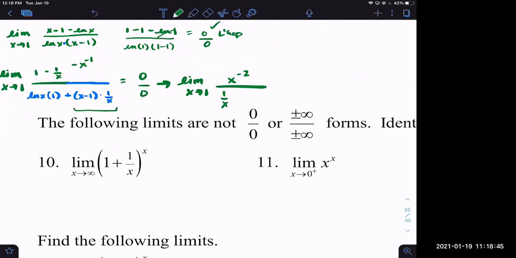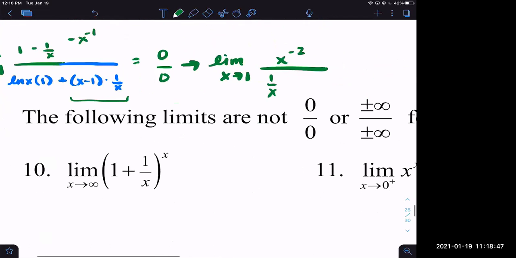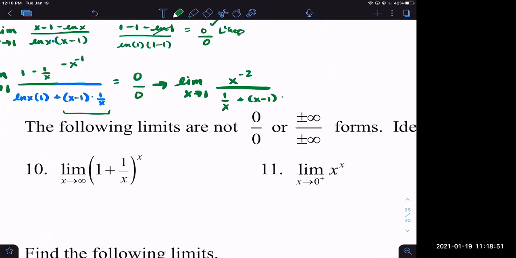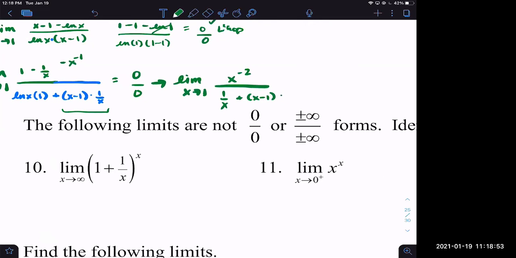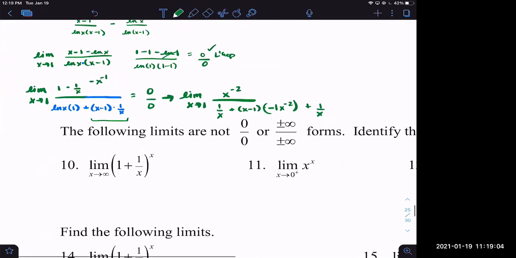So product rule says, you guys make sure I don't mess up. Product rule says the first times the derivative of the second, but the derivative of that would be negative 1x to the negative 2. So it's first times the derivative of the second plus the second times the derivative of the first, which is 1.